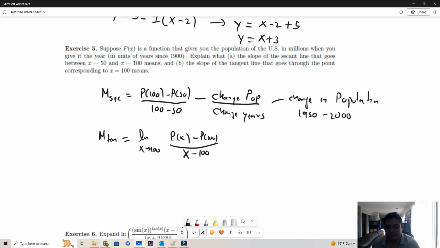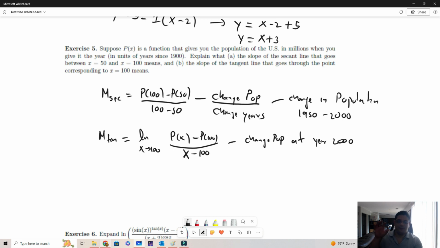It's similar to the quotient that we have over here, but we're taking this limit. And what this means is the change in the population at exactly the point at the year 2000, which is 100 years later.